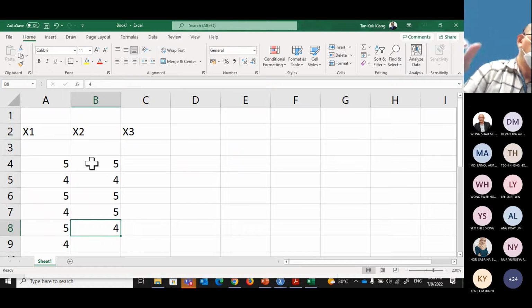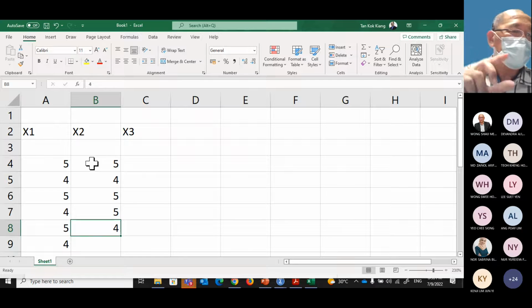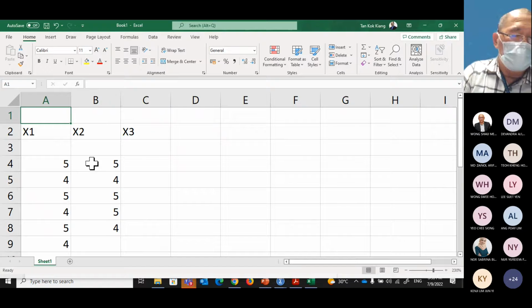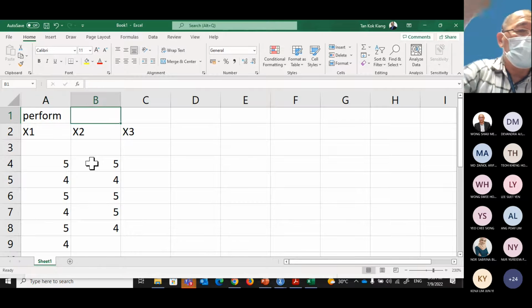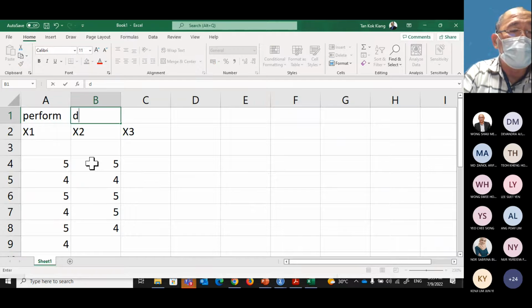Why do the respondents answer x1 and x2 quite similarly? Because x1 and x2 are measuring a similar thing. For example, always thinking about how to perform better in their work, work performance, and always trying to meet all the deadlines.